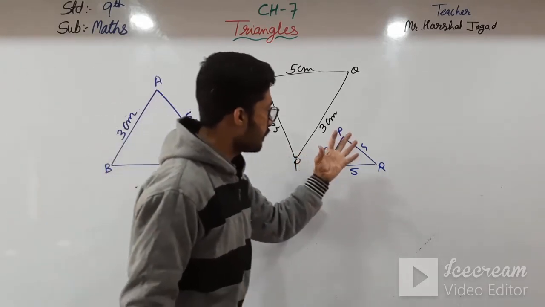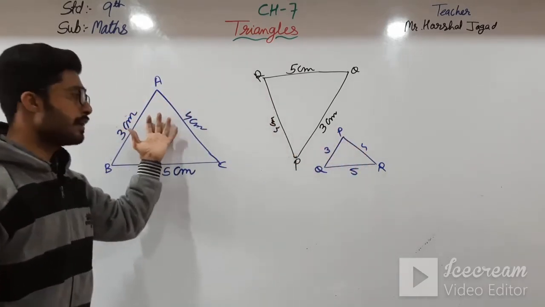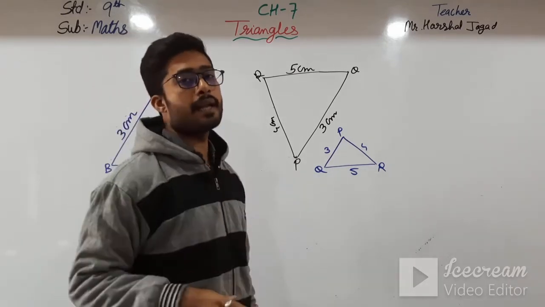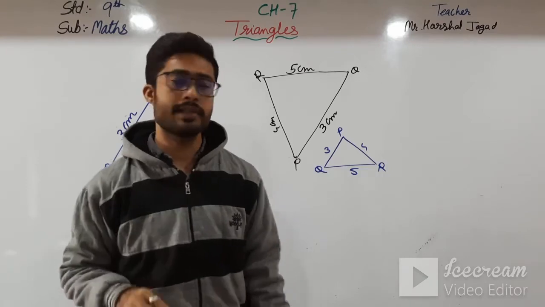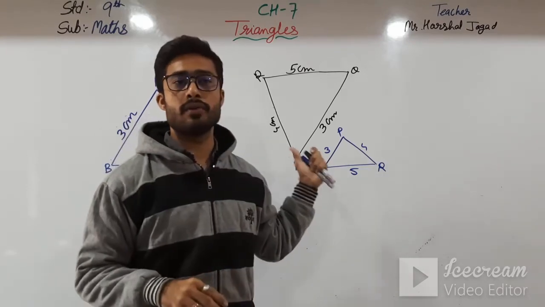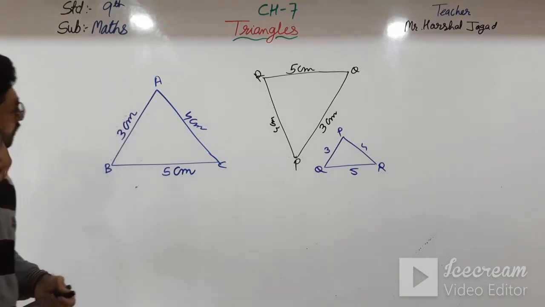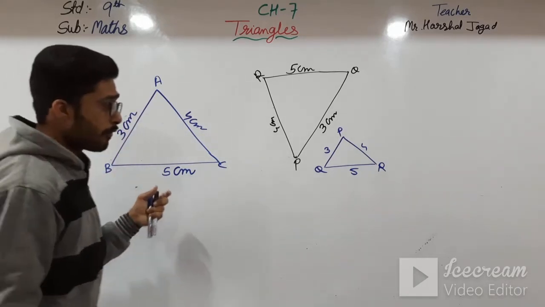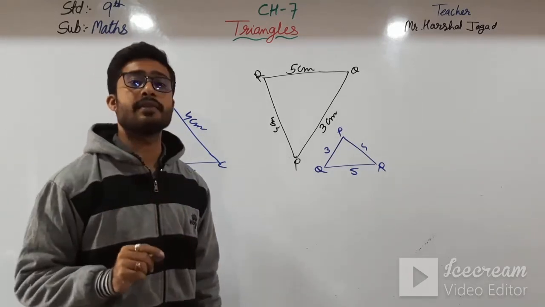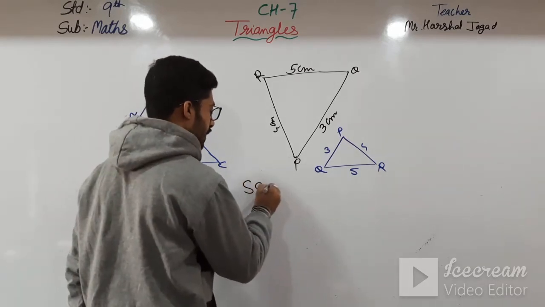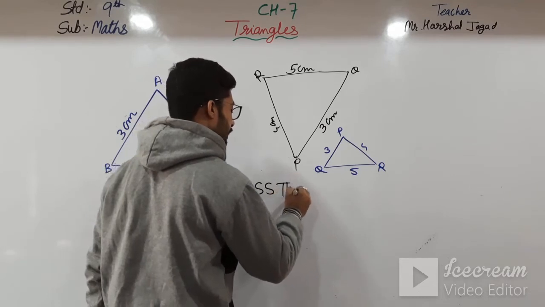If you put this triangle over this one, it will cover it completely, so they are congruent to each other. Okay, students. Now from this, there is one theorem, that is the triple S theorem. Which? Triple S theorem.